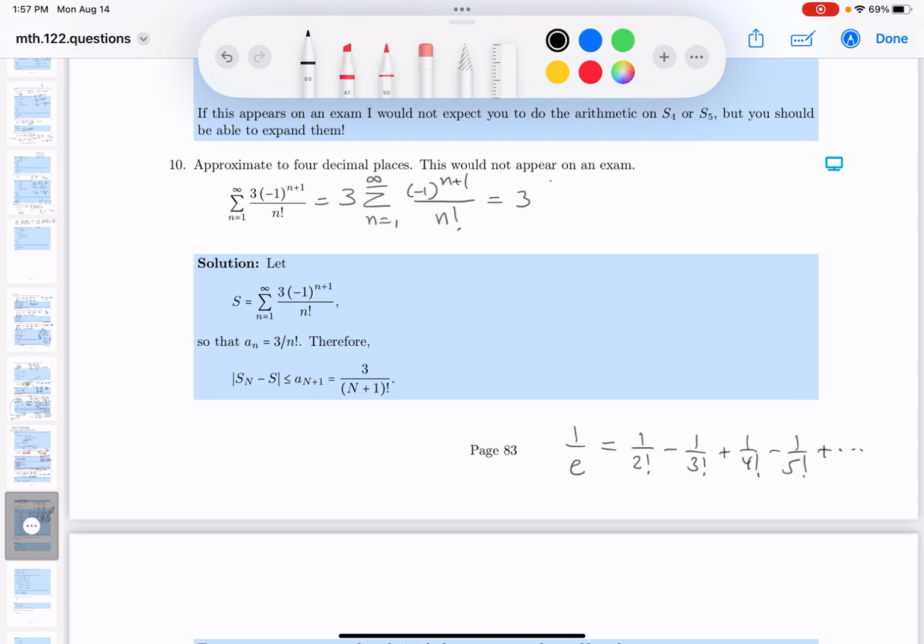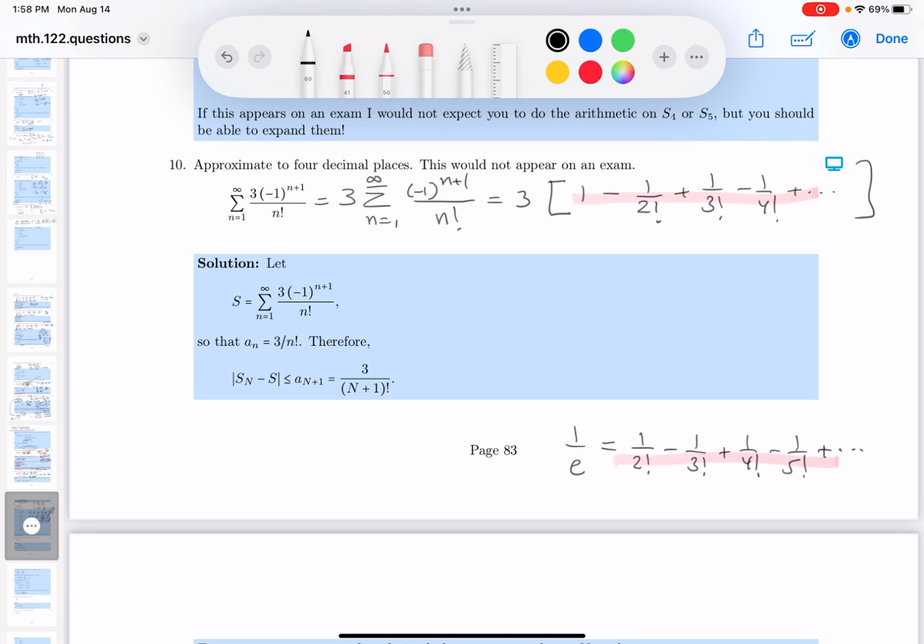This is 3. If I put 1 in there, you'd get 1 over 1, which is 1, then minus 1 over 2 factorial, then plus 1 over 3 factorial, minus 1 over 4 factorial, and so forth. It looks remarkable. It looks sort of like what I have down here. It's not the same, though.